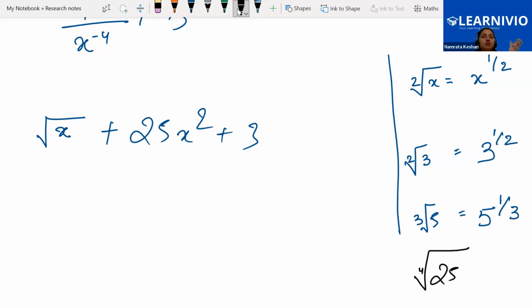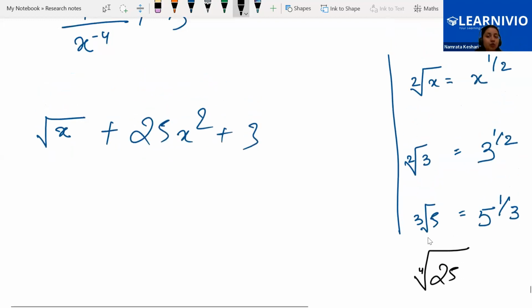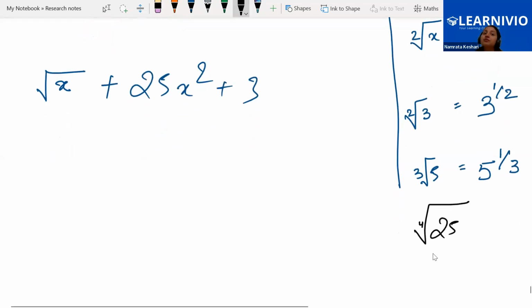There was a chapter on square root and cube root, like this is what you have seen over there, how to find the square root and how to find the cube root. However, we don't have to find the square or cube root over here. We are just understanding that whenever we have square root, cube root, or fourth root, we can write it in the power form, the exponent form.